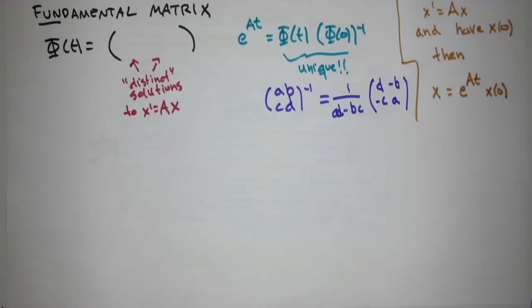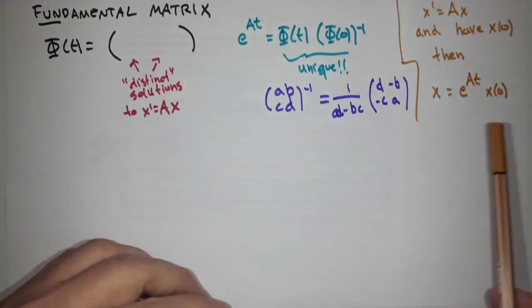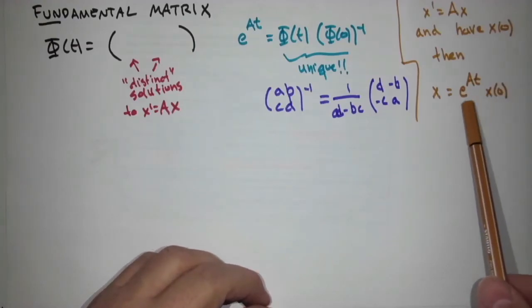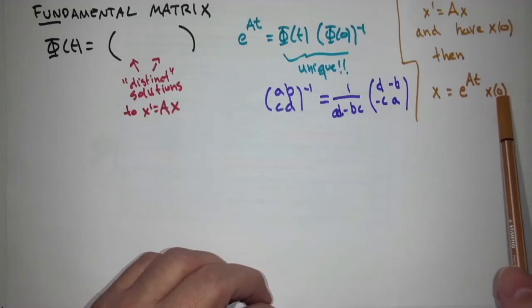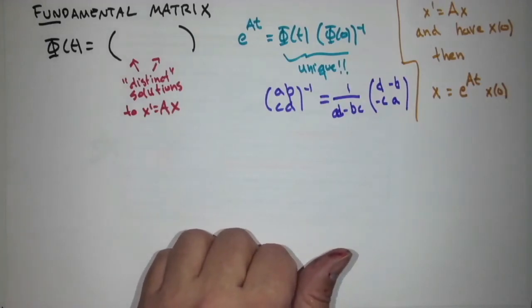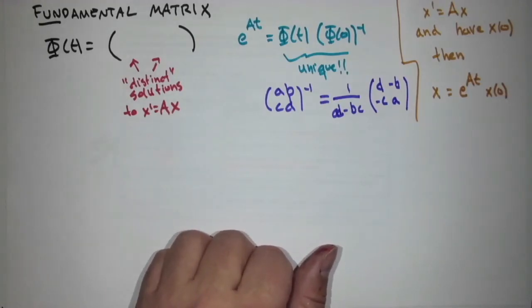So if you see a problem that says use e to the at to solve an initial condition, then once I have e to the at and I do a lot of work, the rest of it is super quick. Just almost pops out.